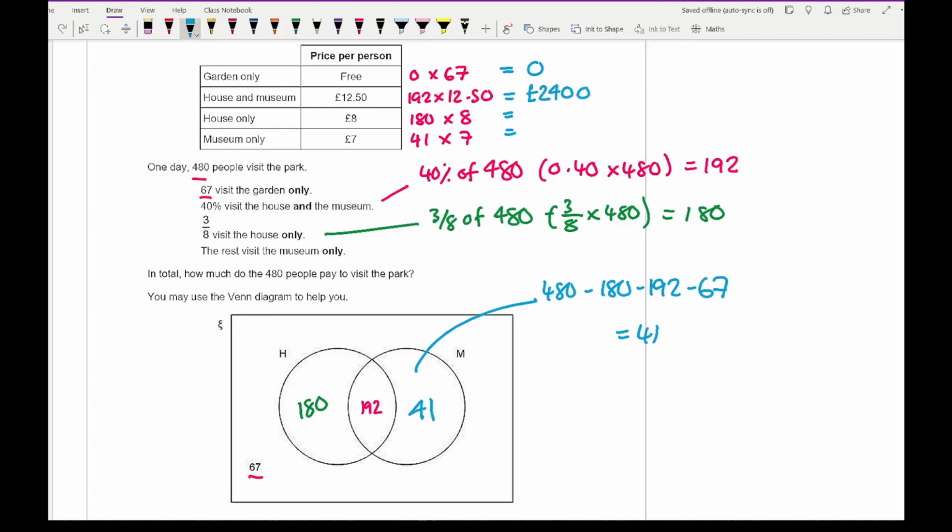I've then got 180 times 8, which is 1,440, and 41 times 7 is 287. So then all I've got to do is add those numbers up. So 2,400 plus 1,440 plus 287, and it comes up to a grand total of £4,127.